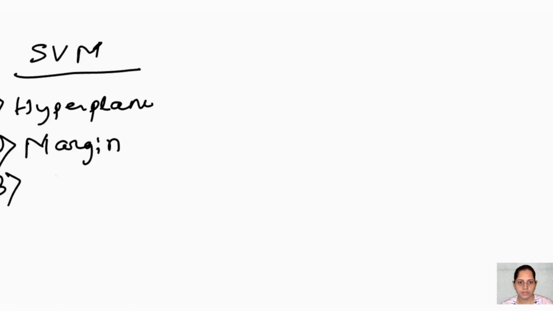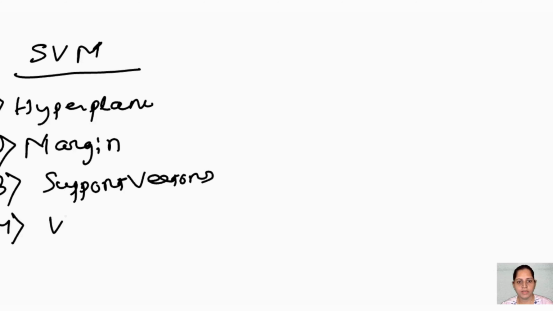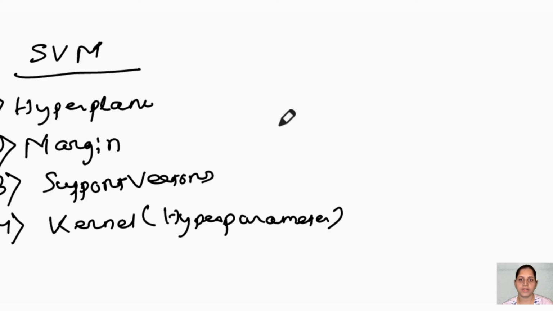Third, support vectors. Fourth is my kernel. This is my hyperparameter. So these are the factors, and now we will understand how exactly it works.